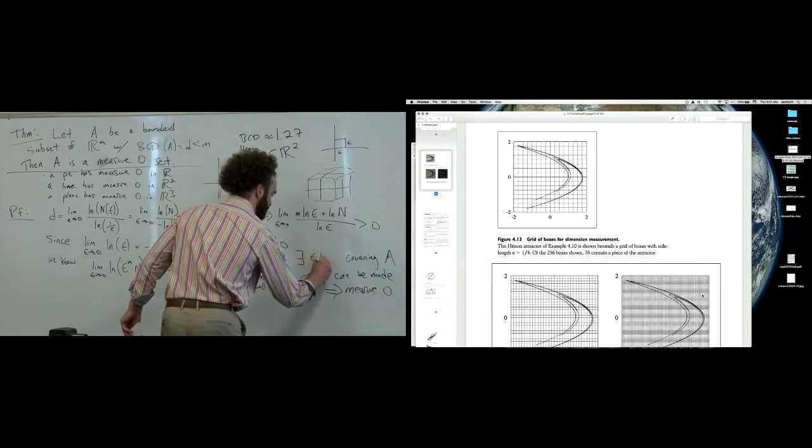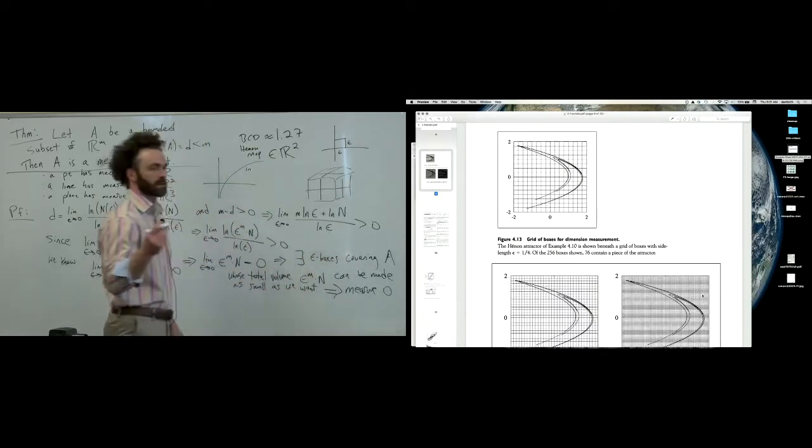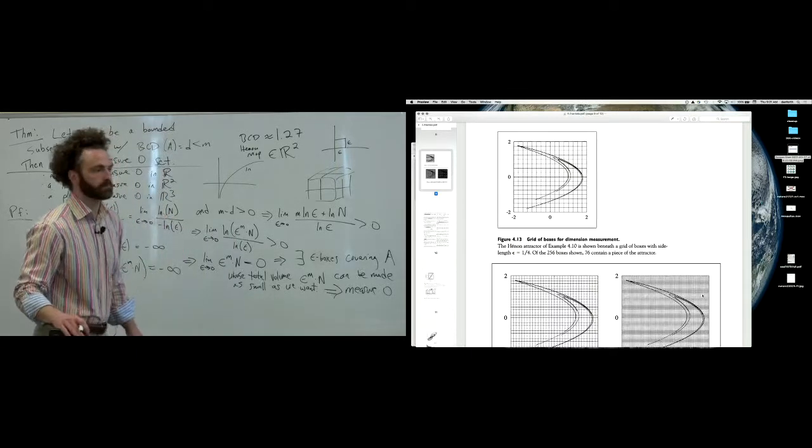That's the volume of an individual box, and that's how many I have. There exist epsilon boxes, which just means that the boxes all have side length epsilon.